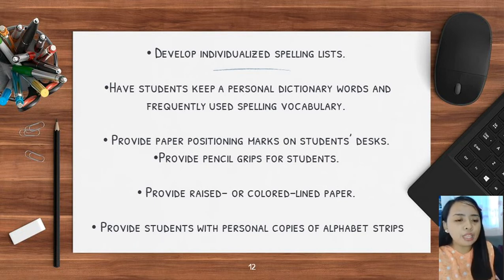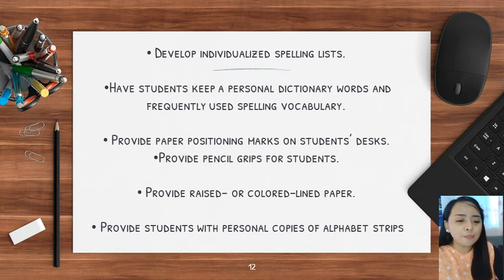Next, provide raised or colored lined paper. Raised lined paper helps the students by having an embossed or raised line giving them sensory feedback for the top and bottom lines. Other adapted writing paper may have different colored top, middle, and bottom lines to give students cues for beginning and ending letters.